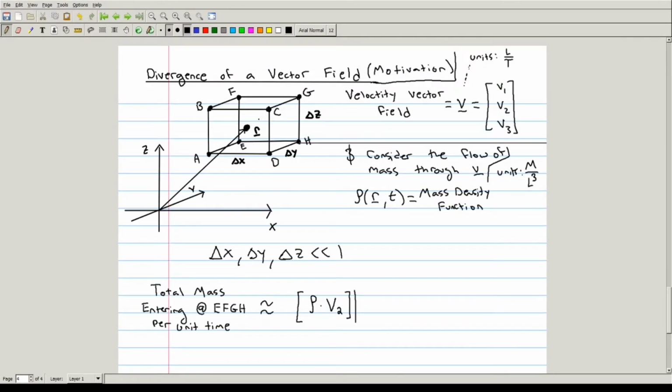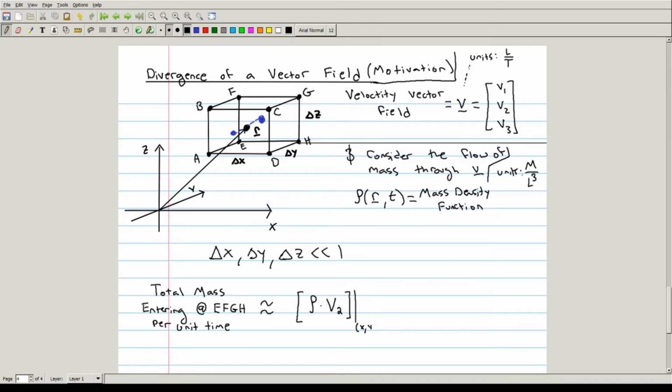Because this is so small, we'll just choose the back face of the cube right here. The cube has a front face midpoint here and a back midpoint here. We'll evaluate the velocity at this back midpoint. Essentially the total mass entering at EFGH per unit time is going to be the density times the velocity at this midpoint right here.